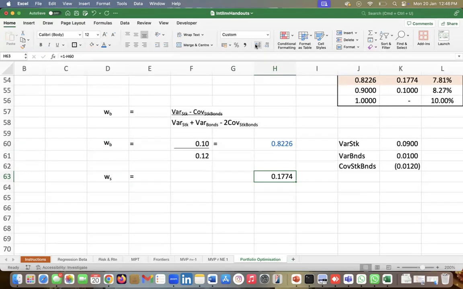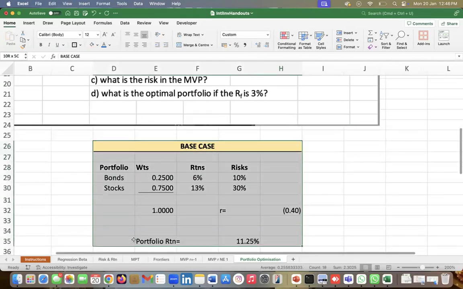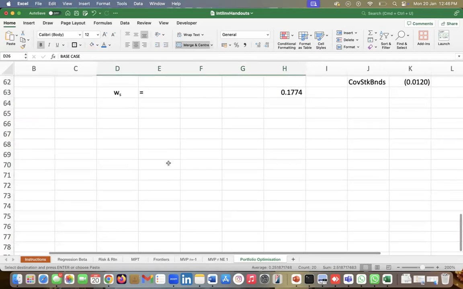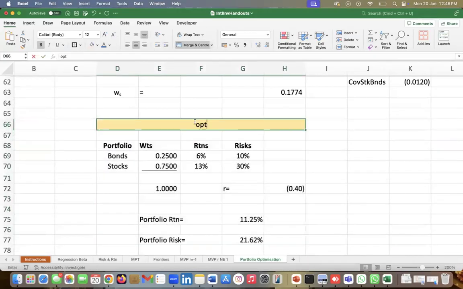So I'm going to, again, please only use the base case because that is unaltered. We will copy this, and I'm going to put this here, and I'm going to call it the optimal portfolio case.